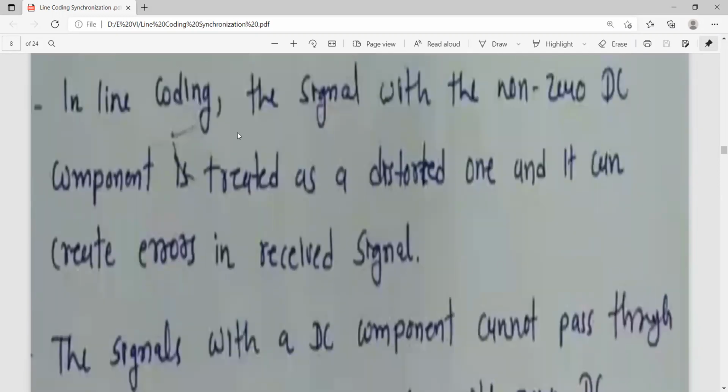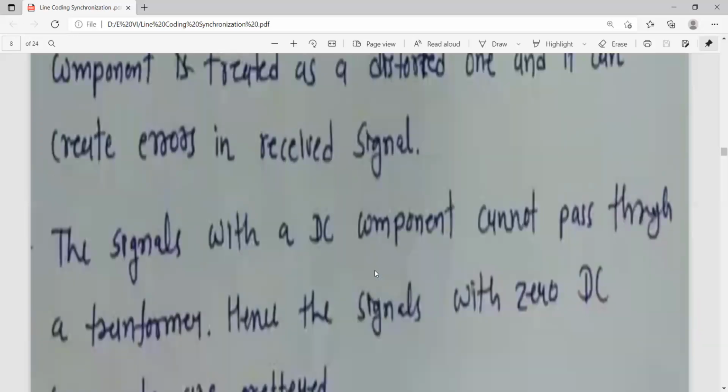So that is about the DC component. Therefore, in line coding, a signal with a non-zero DC component is treated as a distorted one, and it can create errors in the received signal.